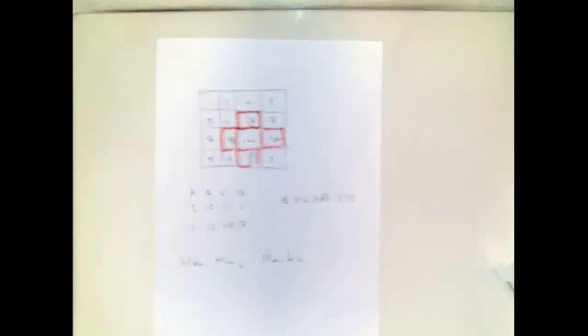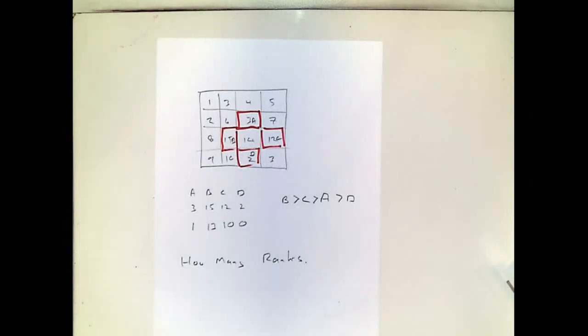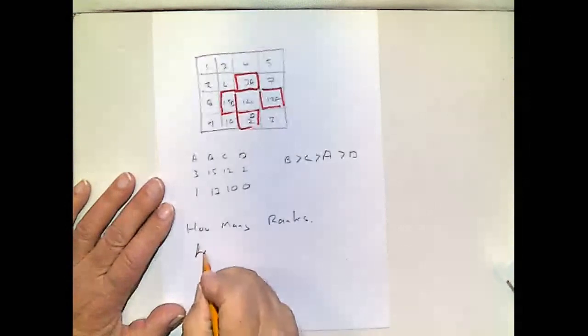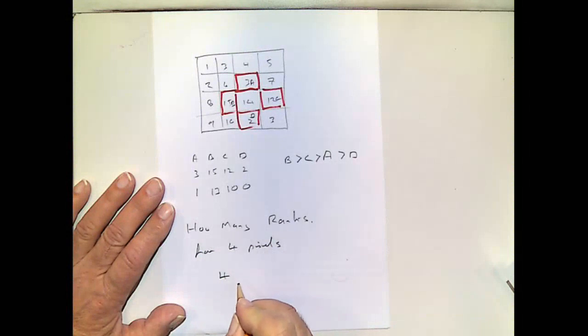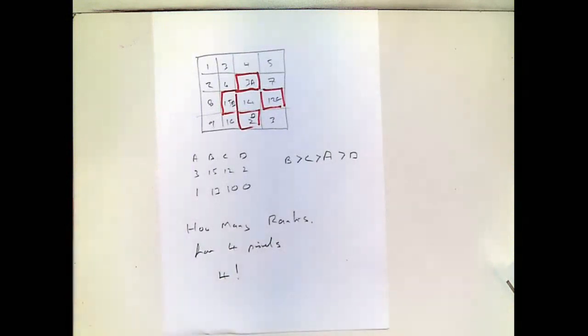For 4 pixels, how many pixels could be the brightest? 4. How many pixels could be the second brightest? 3. How many could be the third brightest? 2. And you're left with 1. So the number of ranks for 4 pixels is 4 factorial, because they're independent, and 4 factorial is a nice manageable number.